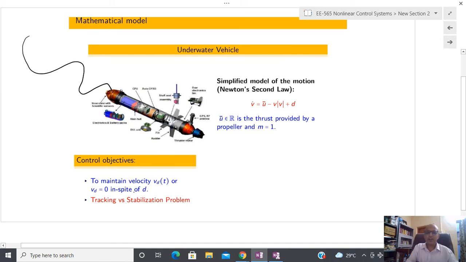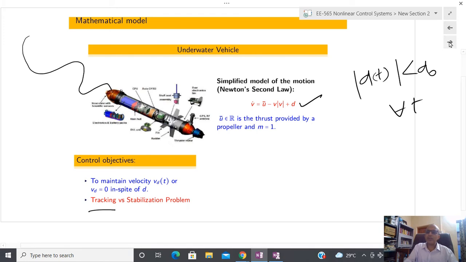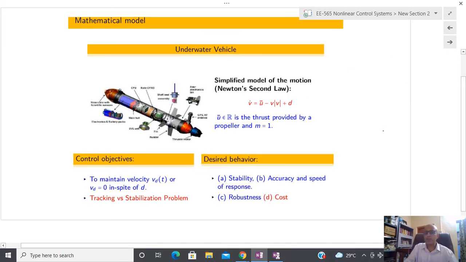That is called the tracking problem, and this is robust tracking because I am assuming that D is not known to me, but D is somehow bounded for all t. So this is called the robust tracking and stabilization problem. We will talk about this control problem in the further part of this course.